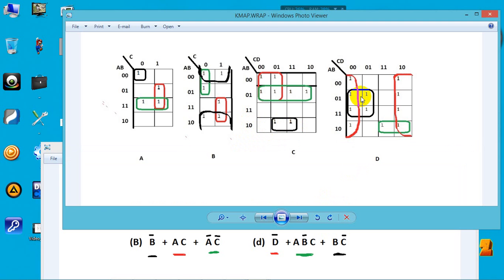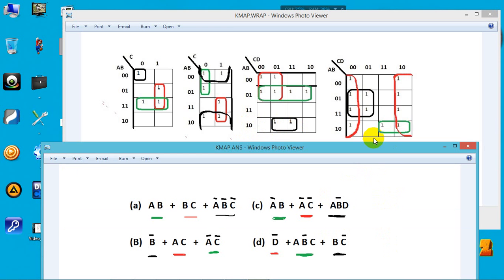Now if you want to take the last one into consideration, here looking at the red group, that is the one that we did the wrapping. You can see that we are now going to take this column and this column into consideration. Here we are taking this row and this row into consideration.